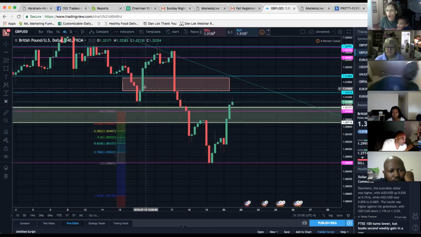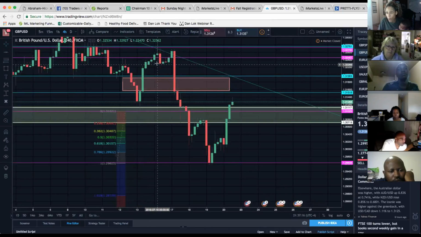Got you. I can't draw fibs until I find the low, and the low is not confirmed until I have the 2 candles to the left and the 2 candles to the right. In this particular case, the 2 candles to the left and right would have already surpassed those points. I wouldn't even be in this trade at all because I needed to confirm this was the low, and I didn't confirm this was the low until this candle and this candle closed.